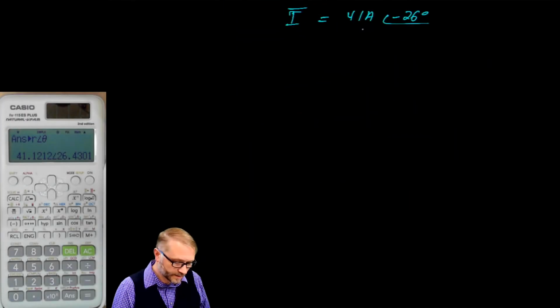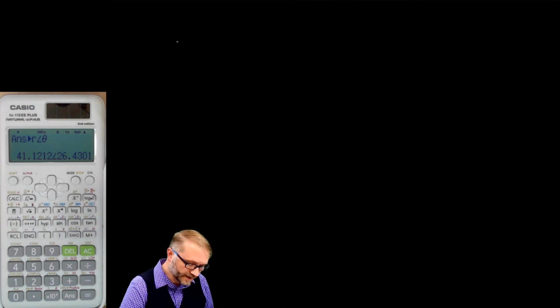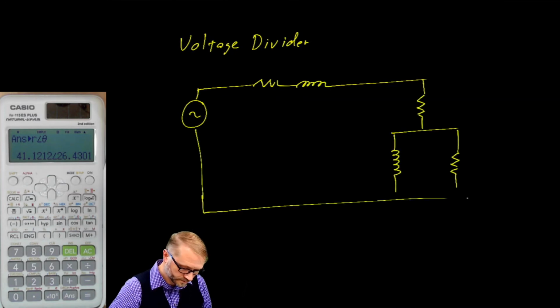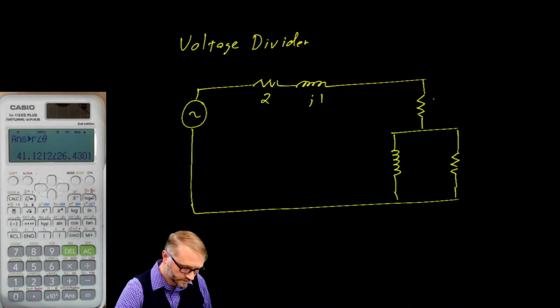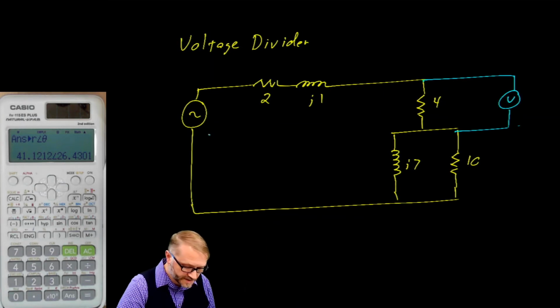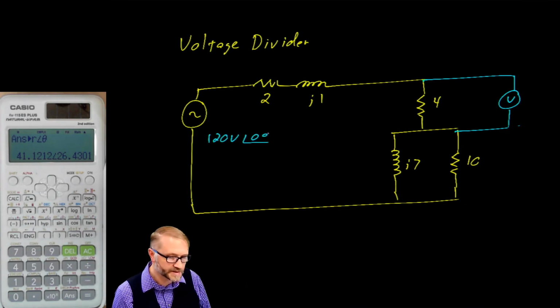Let's go back a little bit further and answer some voltage divider questions. For this problem, you're asked to find the voltage across the 4 ohm resistor, given that this is 120 volts at a phase angle of 0 degrees.